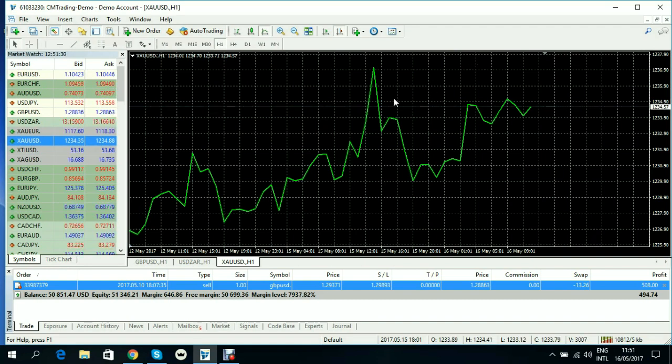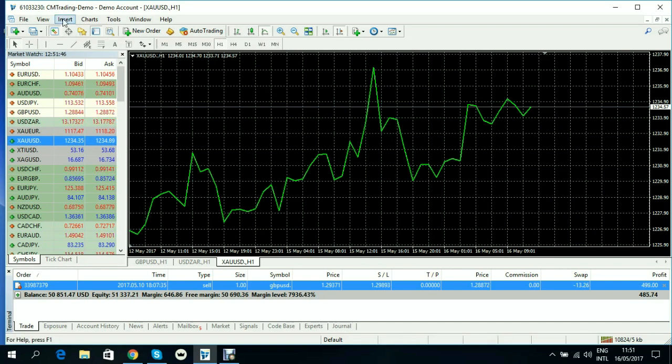Alright, so let's first get the parabolic on the platform, on the chart. So how do we get this Parabolic Sar on the platform? It's simple.